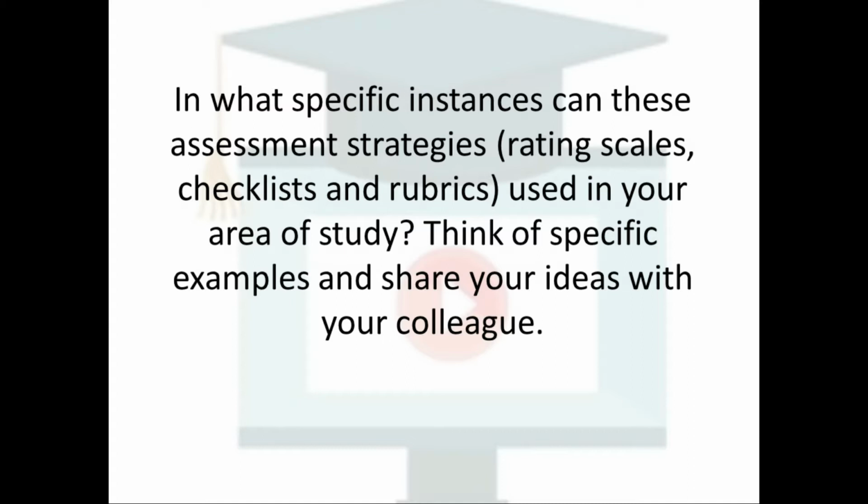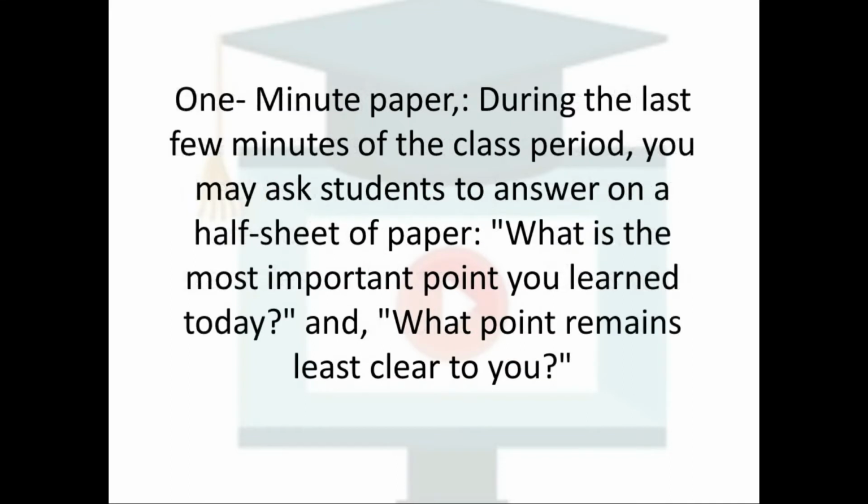In what specific instances can these assessment strategies, rating scales, checklists and rubrics be used in your area of study? Think of specific examples and share your ideas with your colleague.